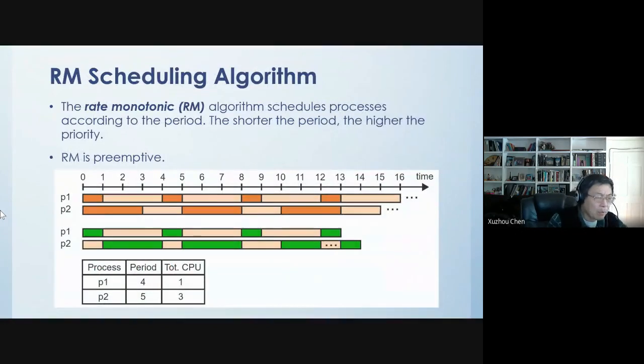There are typically two kinds of real-time scheduling algorithm. One scheduling algorithm is called the rate monotonic, RM, algorithm. This RM algorithm schedules processes according to the period.